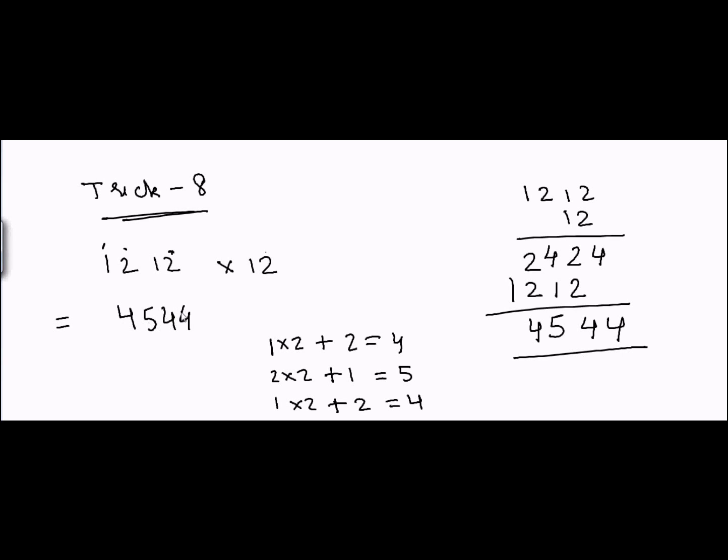If I have 1 3 2 1 and I want to multiply by 12, in this case I have 1 into 2, that is 2. Then I go to the next number, so I say 2 into 2 plus the number on the left, that will be equal to 5, so your answer is 5 here.